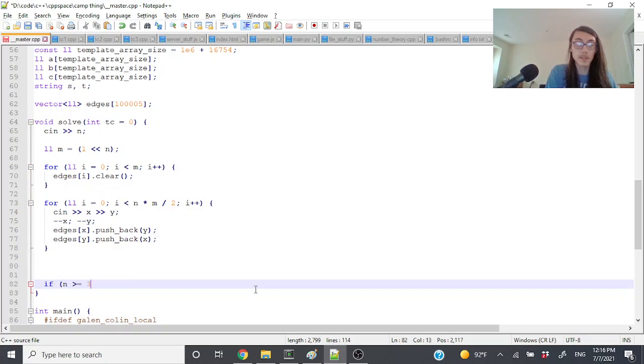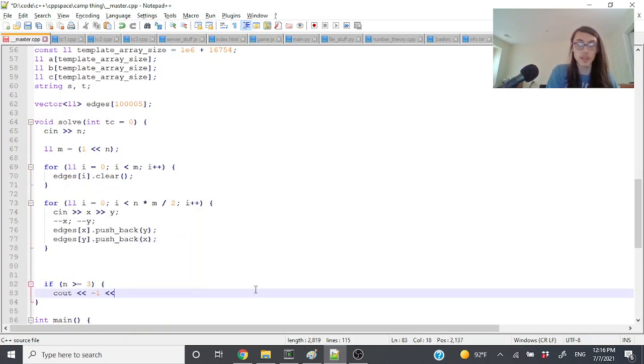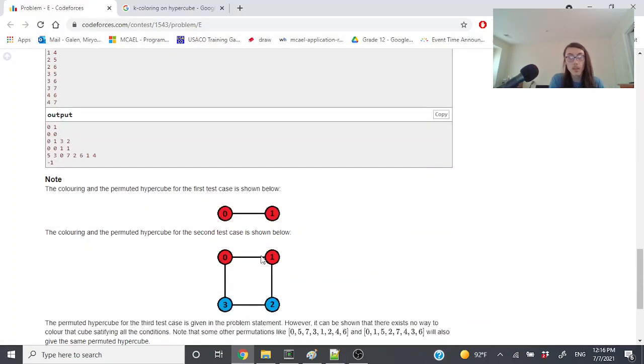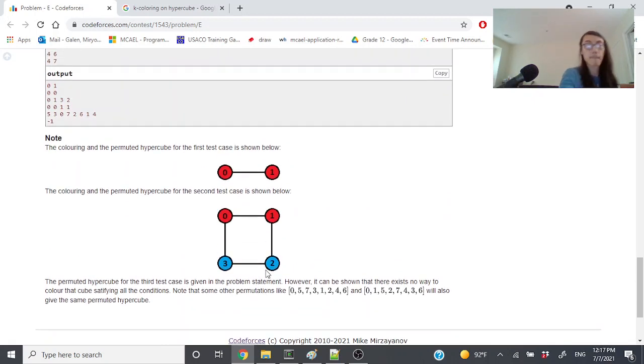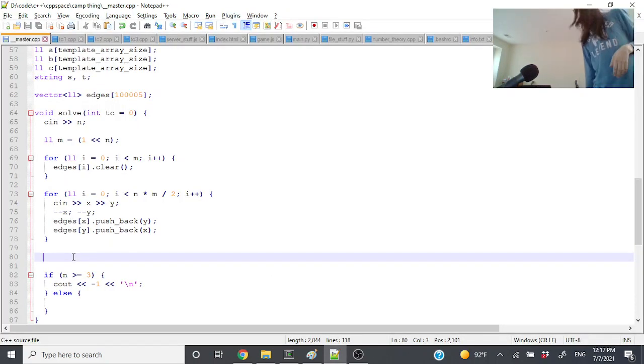If n is greater than or equal to 3, C out -1, else we're coloring specifically that permutation. Okay, so for 0, 0 is part of our set.